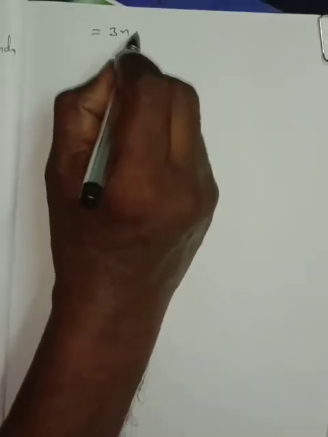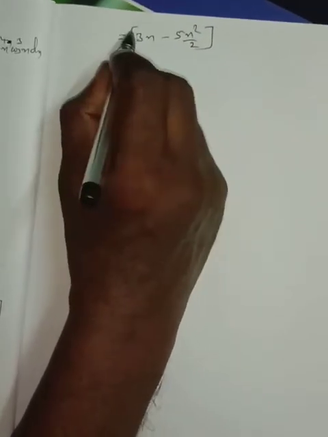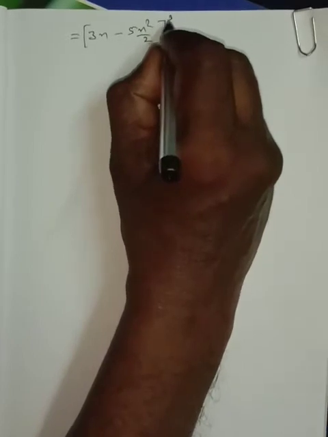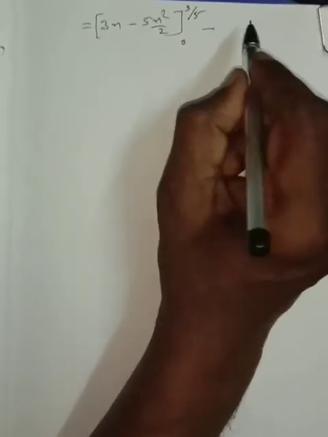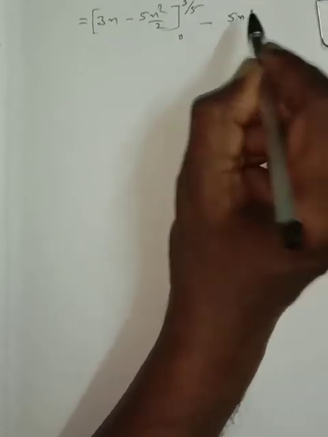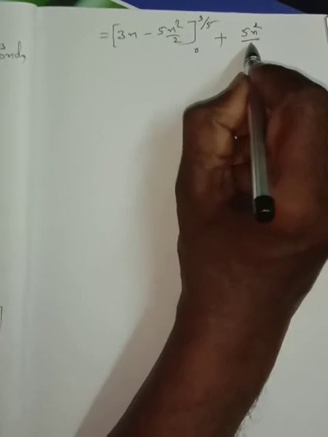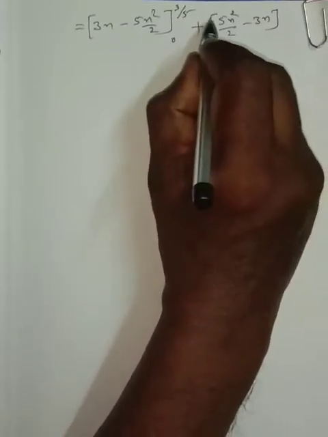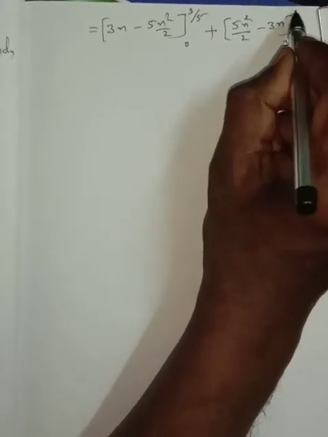Minus 5x square by 2 taken over the limit 0 to 3 divided by 5, minus 5x square by 2 minus, or plus, 5x square divided by 2 minus 3x taken over the limit 3 divided by 5 to positive 1.